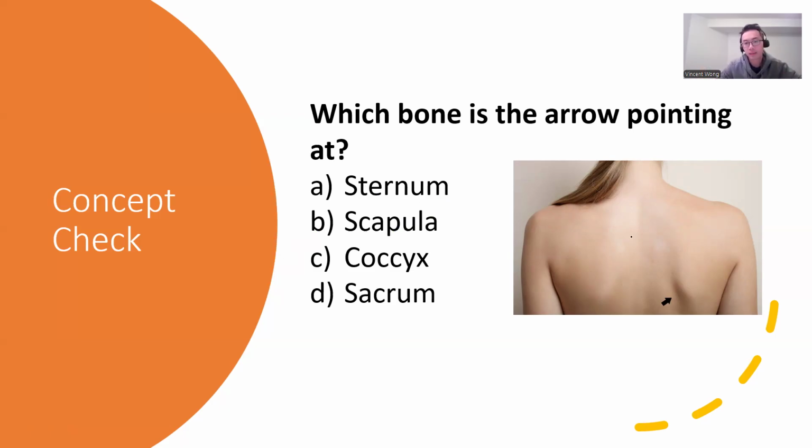Remember, scapula is that big triangle bone right here. And there's a little hook. The hook will connect with the collarbone there. There's a groove here for the head of the humerus to go in. Someone chose coccyx. Coccyx is the tailbone.